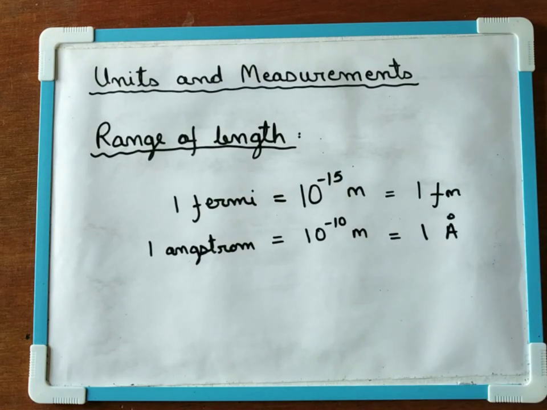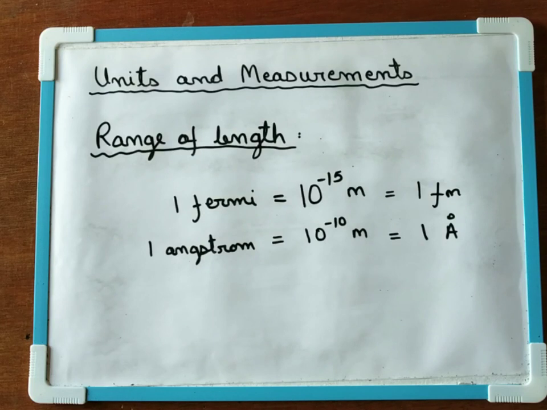So these are the ranges of very, very small distances, that is the size of the nucleus and the size of the atom. These are units which we use to measure small lengths or small distances. Then if we take the distance of the sun from the earth, that distance is also very, very large.